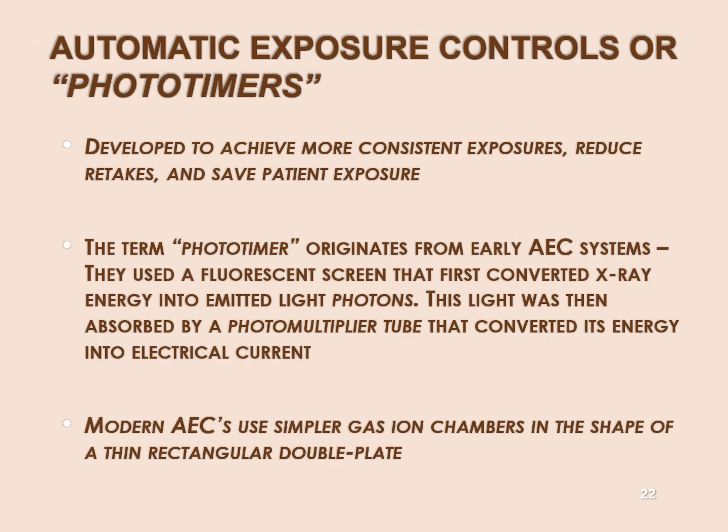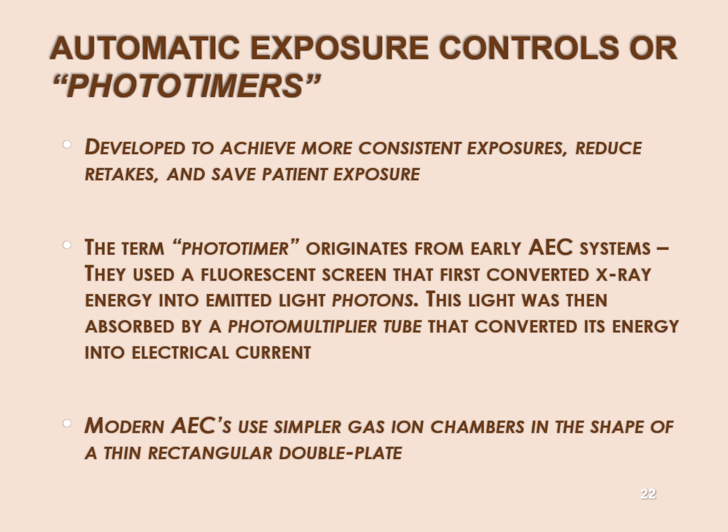All right, so they used to be called phototimers, and you'll still hear the gray hairs call them phototimers. That was actually the initial technology variation. Generation 1 of an automatic exposure control device was a phototimer device.